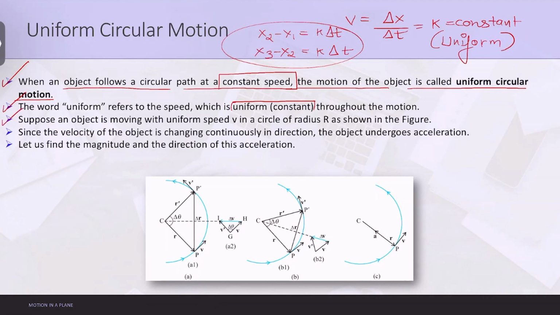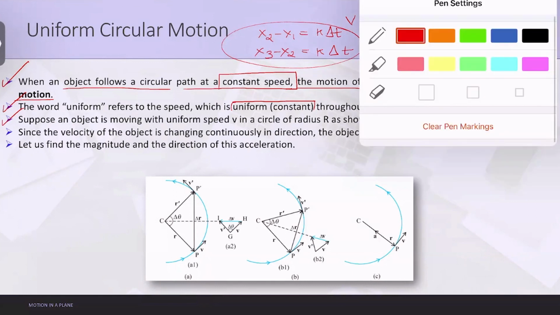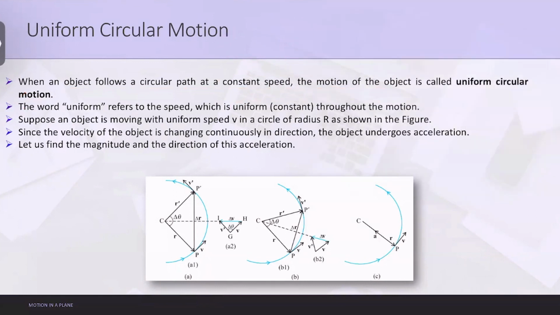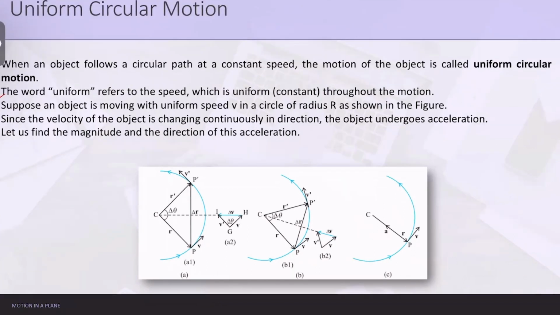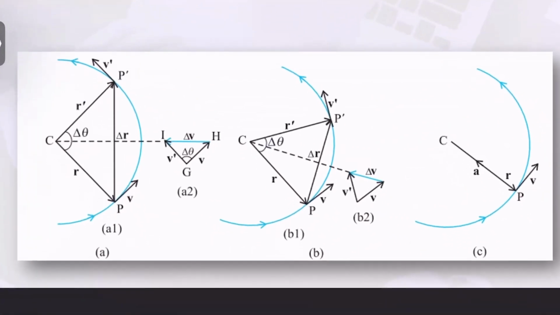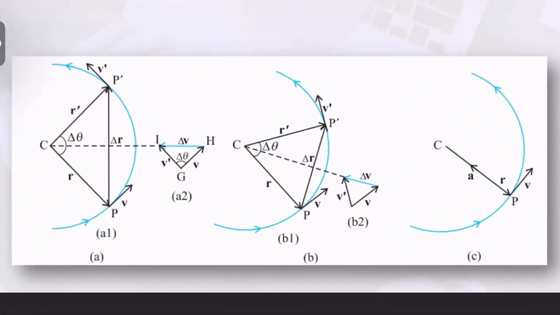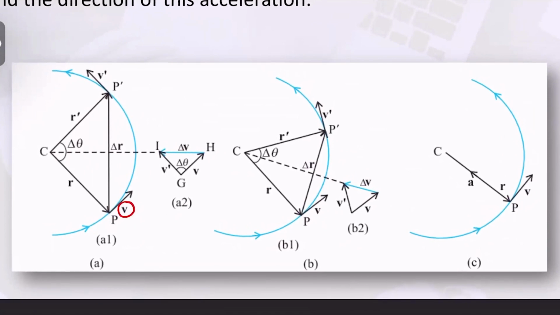Suppose an object is moving with uniform speed v in a circle of radius r, as shown in the figure. Now just keep your eyes on the figure, because we are trying to derive the acceleration regarding uniform circular motion. If you look clearly here, this was your B, this was your C, that is the center.